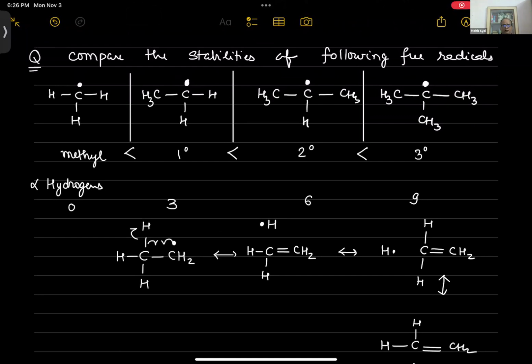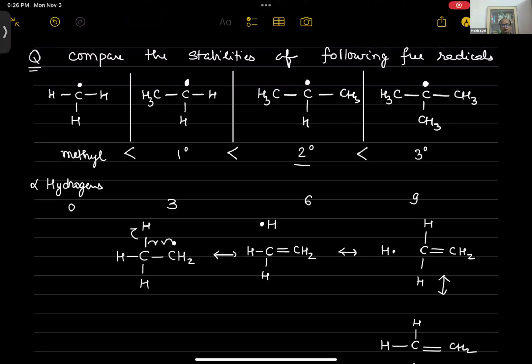Is it clear? And in this isopropyl, the next one, how many CH bonds are involved?